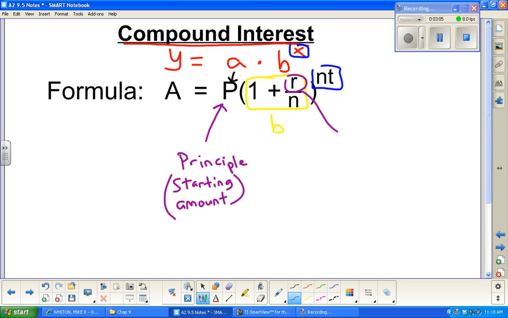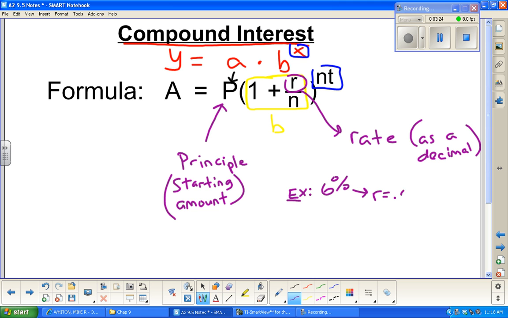So r is going to be the interest rate. You're going to have to know what type of rate you're given. It must be expressed as a decimal. So sometimes if they say the rate is like 6%, for example, you're going to have to convert that into 0.06 to use in this formula. So basically move the decimal.